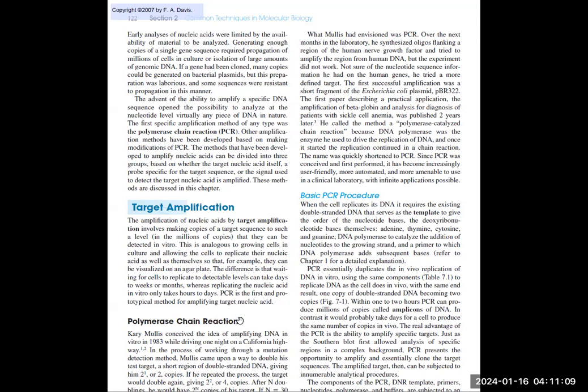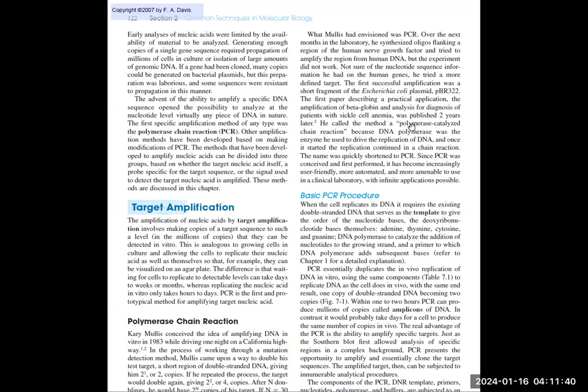PCR started with Kary Mullis, who conceived PCR in 1983. It is a method of amplifying DNA in vitro, by doubling a target through repeated cycles, so he could achieve millions of copies. Despite initial challenges, the first successful amplification was a fragment of an E. coli plasmid.